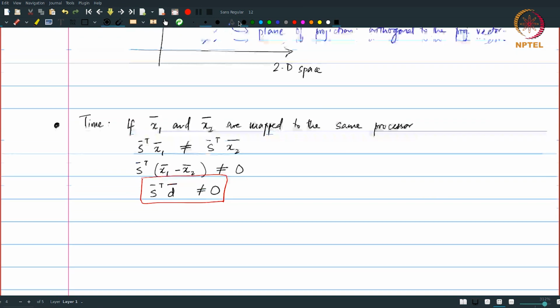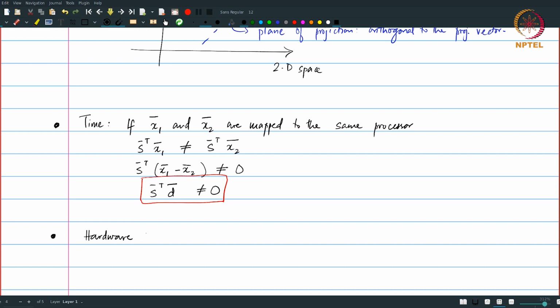Now, if you go back and think about what is meant by hardware utilization, you will realize that S transpose D equals the time difference between successive computations on the same processor.